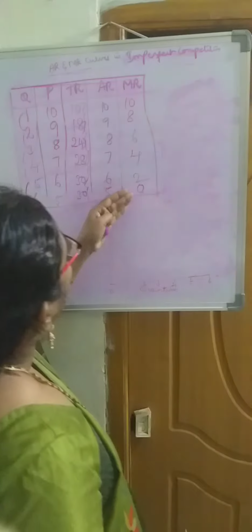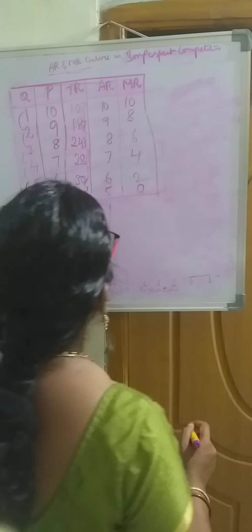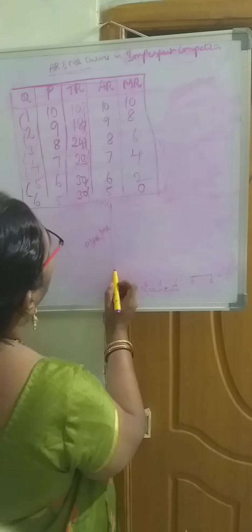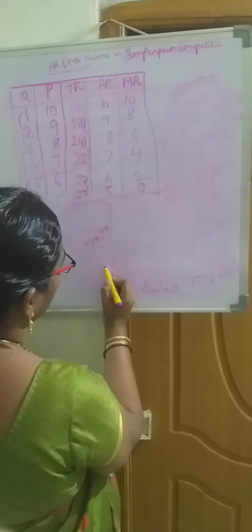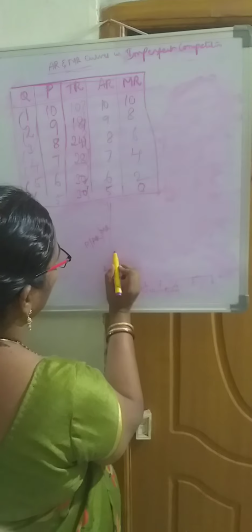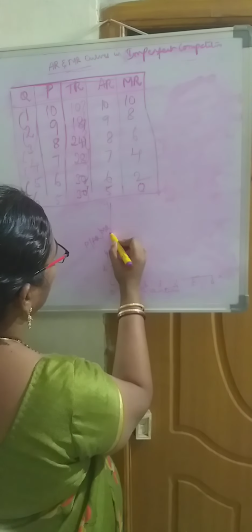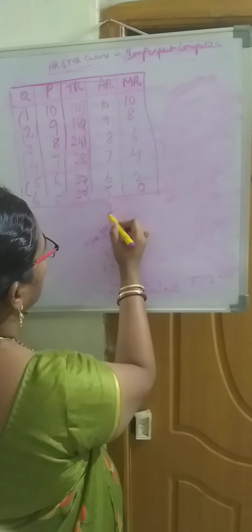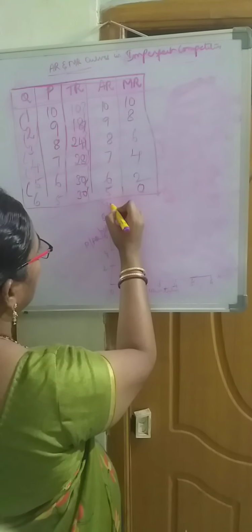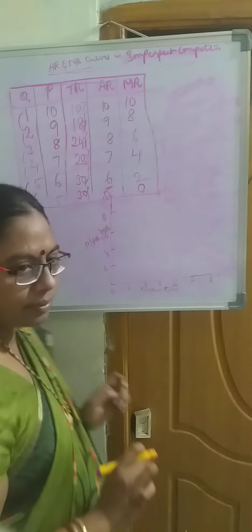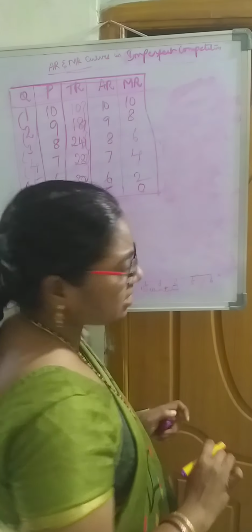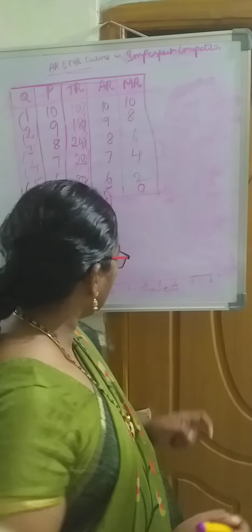So we need 10. Let me take it like this: 2, 4, 6, 8, and here somewhere 10. This is the y-axis.